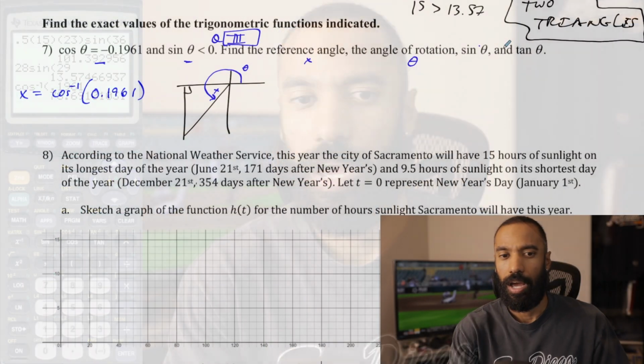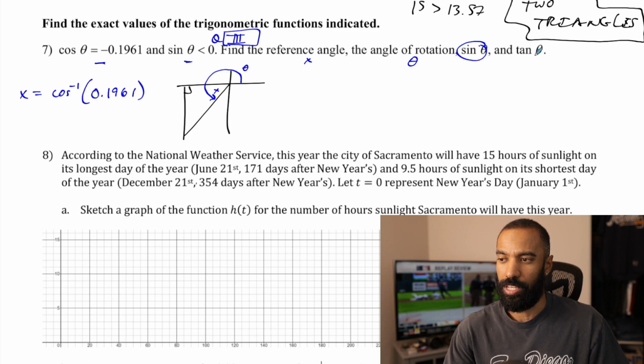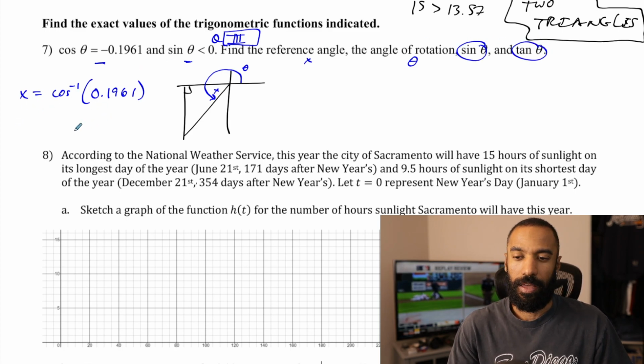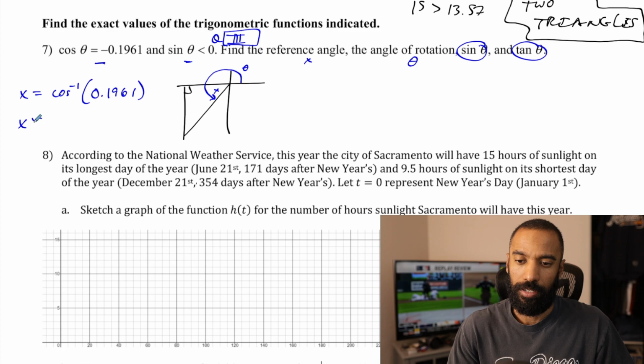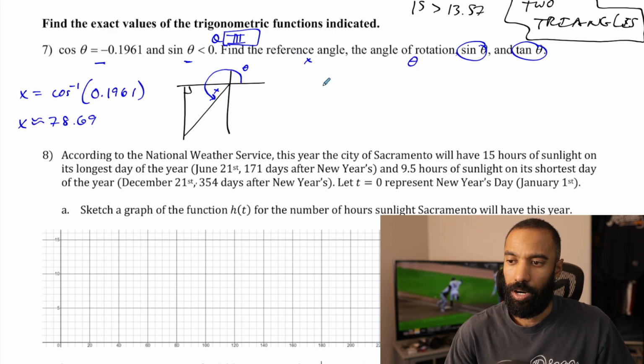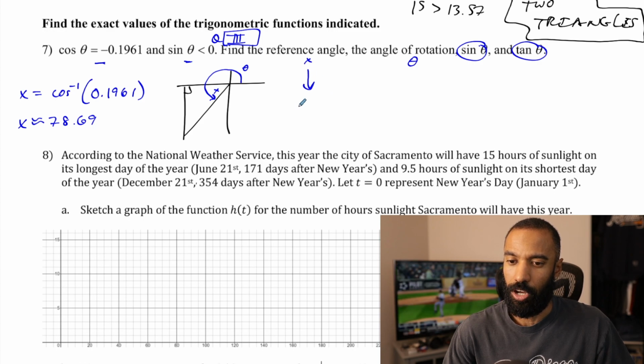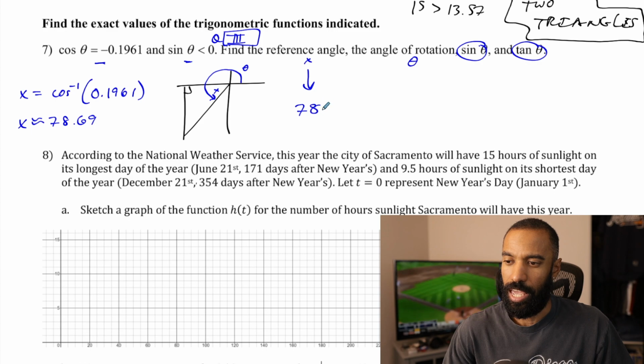I'm going to go ahead and round this. It says find the exact values. I think that's for these, the trig things. Oh, you can't see what I'm talking about. I think they're talking about these for the exact values there, which I will use. But I have that 78.69 number, or the reference angle right there, I'm just going to call around 78.7 degrees.